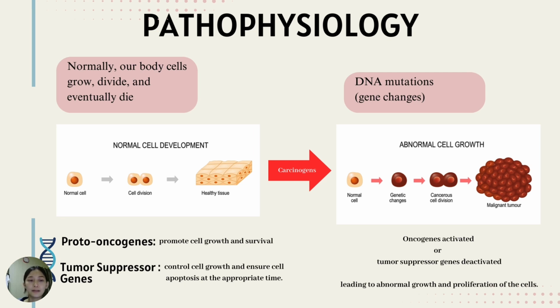The proto-oncogenes will be mutated and activate oncogenes, and tumor suppressor genes will be deactivated, which means either one of these will lead to abnormal growth and proliferation of the cells, which can lead to cancer.